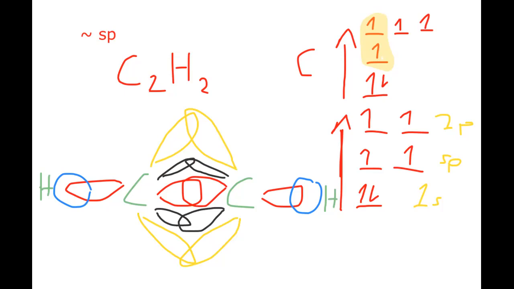So to simplify this drawing, we have carbon and carbon. The three red lines are the sigma bonds.